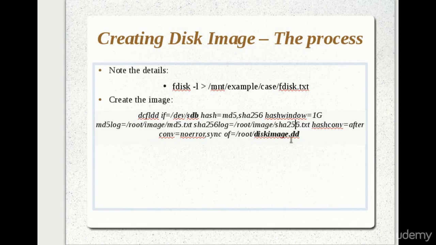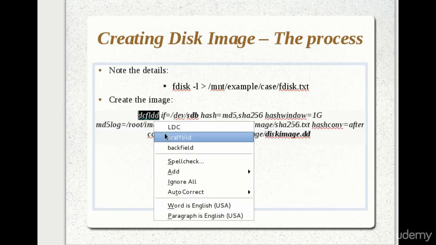And after that, on conversion: no error, synchronize. I want to store the output image in the same location, so I'm going to use this. This is the complete command that needs to be executed.